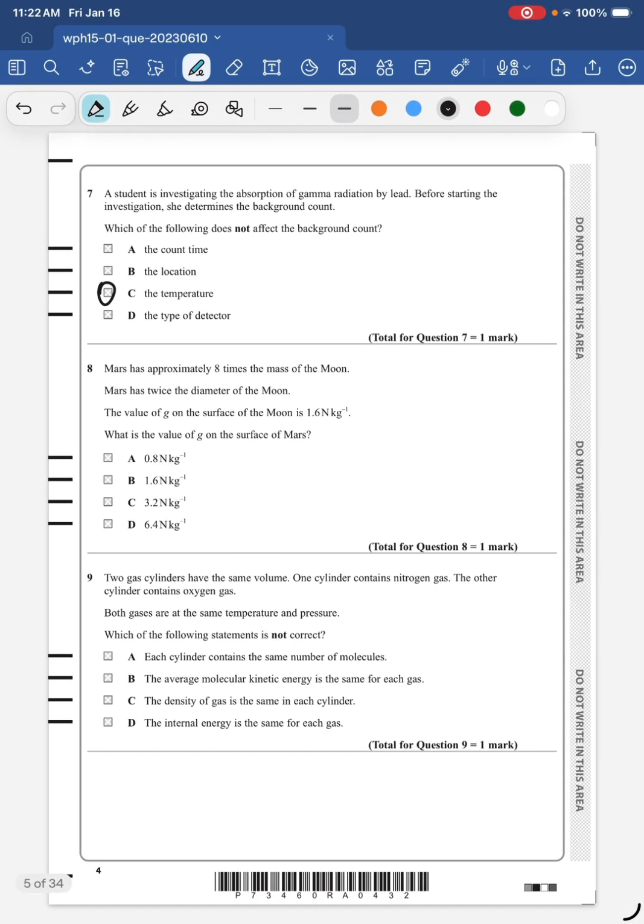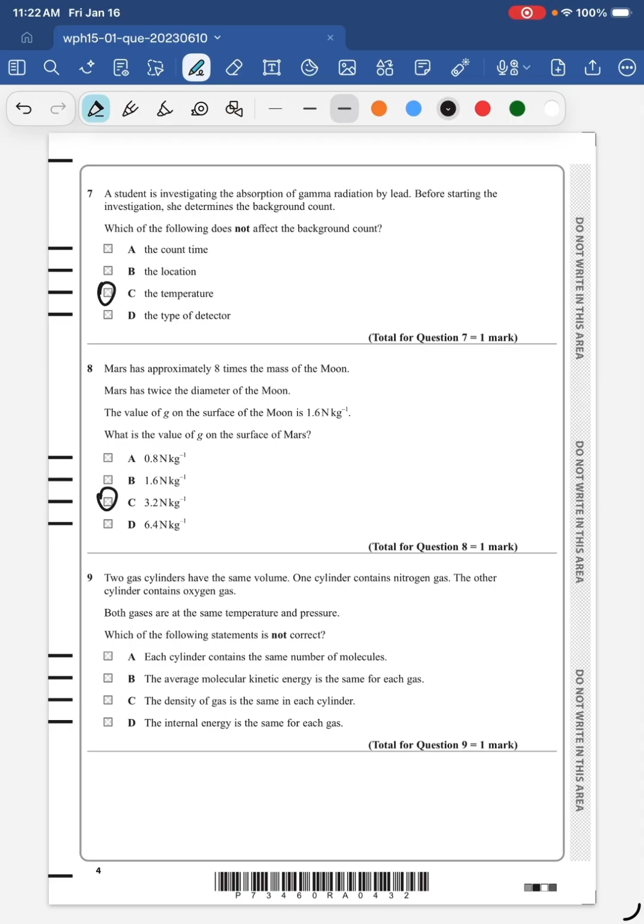Okay, so the correct answer is C, because 2 times 1.6 is 3.2 newtons per kilogram. So on Mars, your weight will be 1/3 of your weight here on Earth, which is crazy.